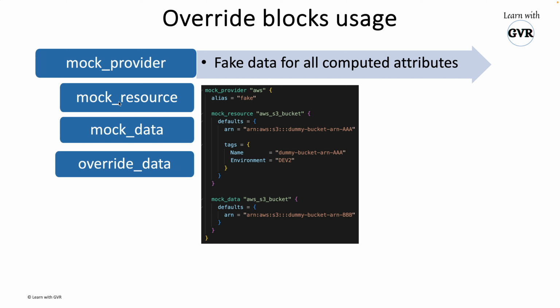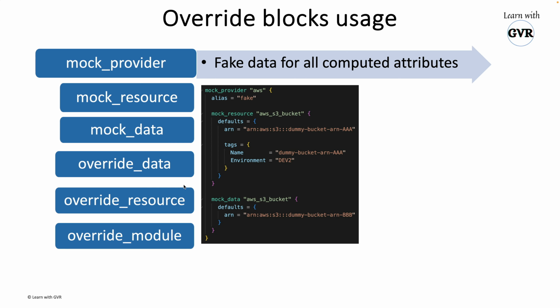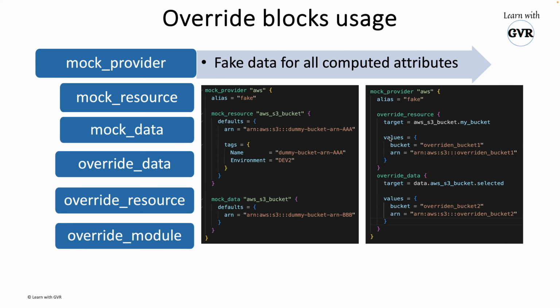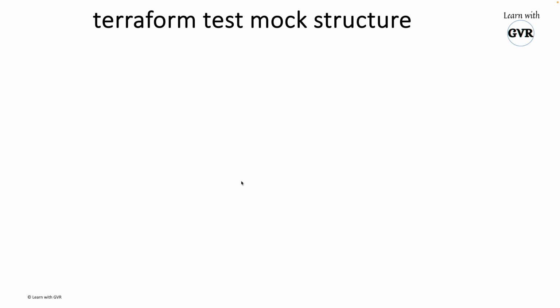Inside it, mock resource and mock data, that we know from the previous slide, but you can place overrides as well. So in a mock provider you can override. Hope you get what I mean. But override module also you can place inside the provider as per the documentation.